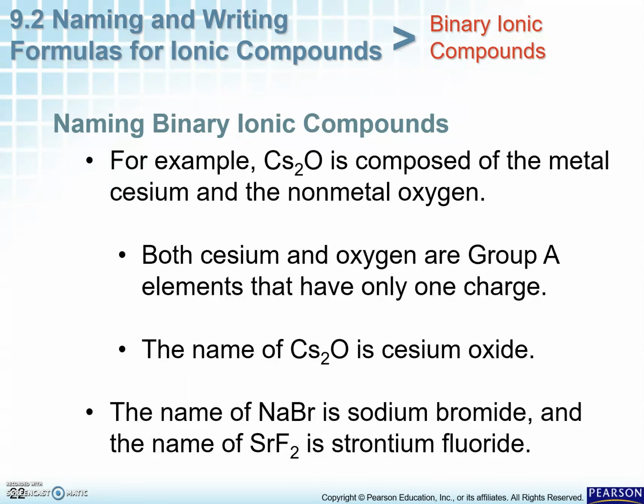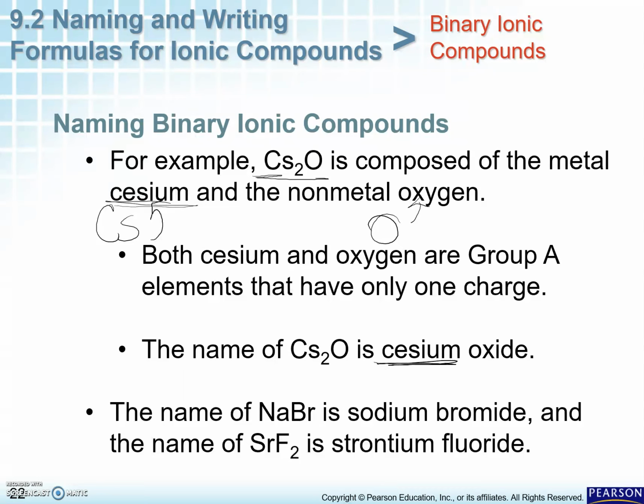Here we have Cs2O. It's composed of 2 things, so we know it's a binary compound. So if we look at our periodic table, Cs is cesium and oxygen is an O. So we want to make sure that we start by naming the cation first. So the cation would be cesium. And anytime you have your cation, you're just going to name it just like it says.